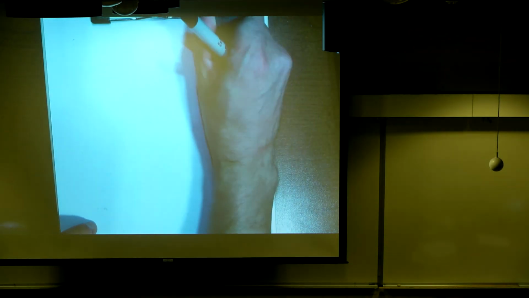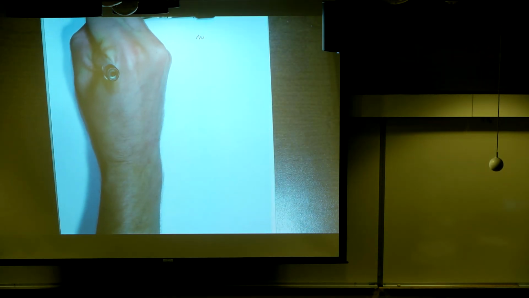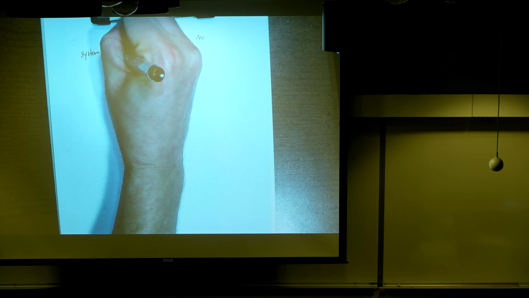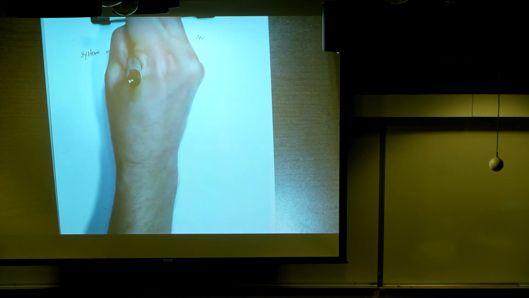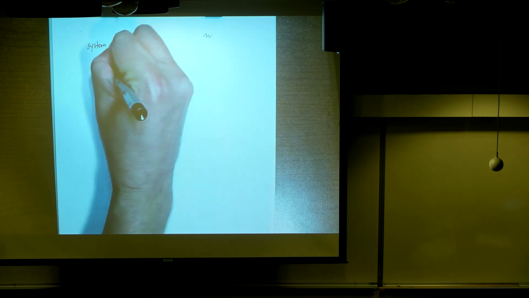All right, this is going to be a bit of a proof. So the general picture is we have some kind of system of particles. I'm going to draw the most generic system of particles in the world.